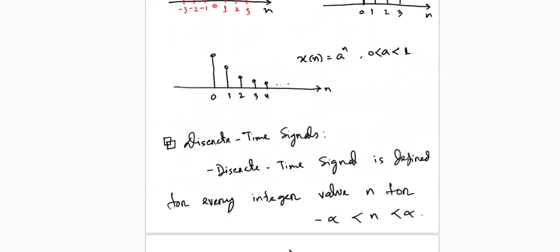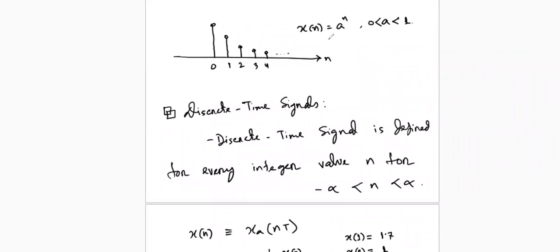This is the exponential signal, where x[n] equals a to the power n, where a is less than 1 and greater than 0. That means this is a positive quantity but less than 1, which makes the value reasonably smaller as n increases. If n goes to infinity, then x[n] goes very close to 0.